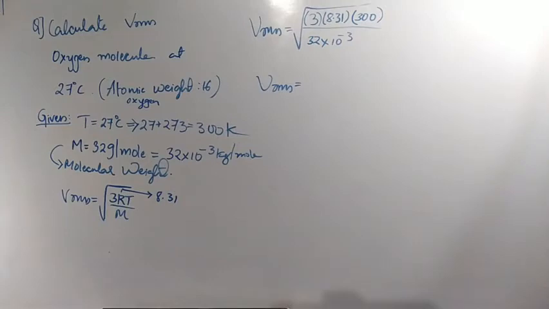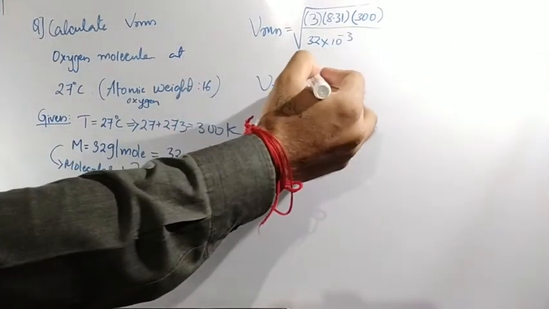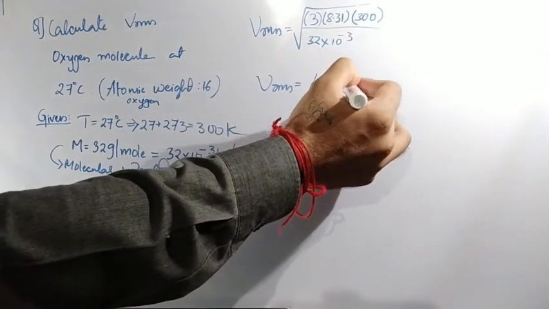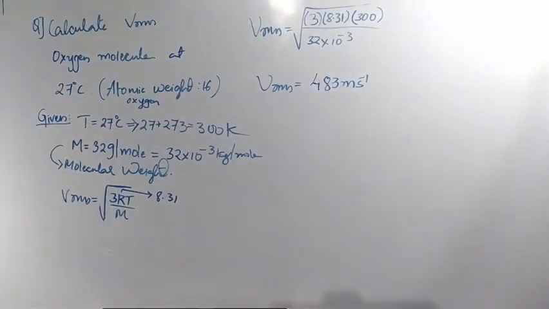So the value will turn out to be 483 meters per second. Okay. Everybody got this VRMS value? Okay.